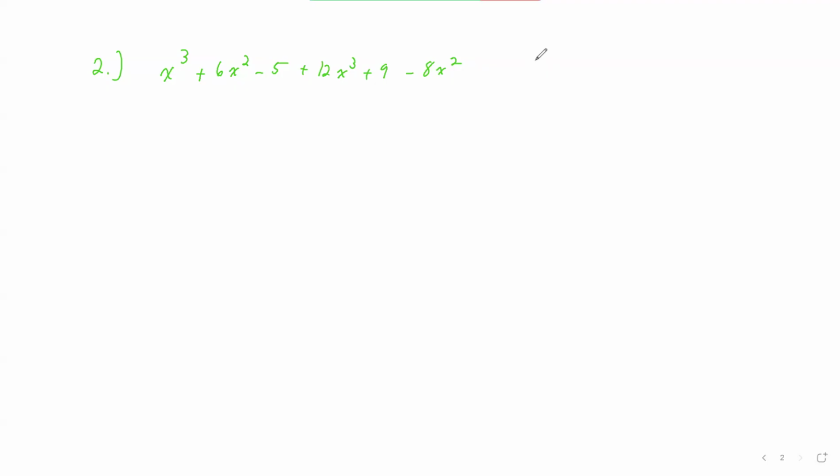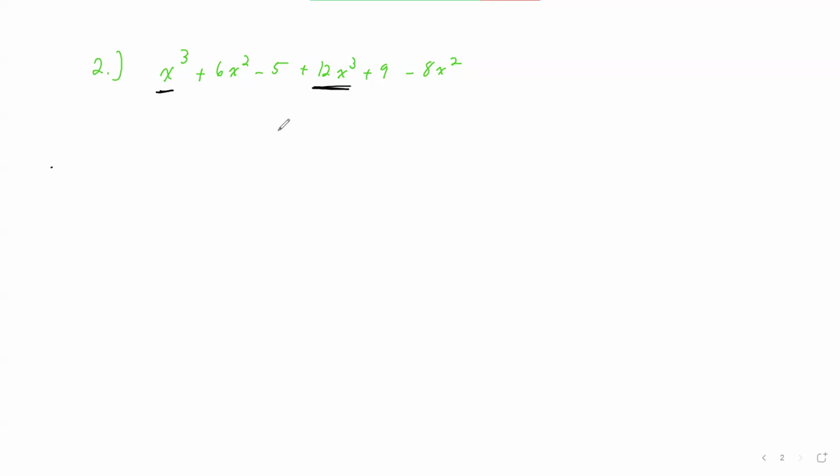Simplify. And my recommendation when it comes to simplifying is as you're simplifying it, go ahead and write it in standard form. Look at the highest degree and then just go down from there. So what's your highest degree here? The third degree. So which ones can I combine? Okay.